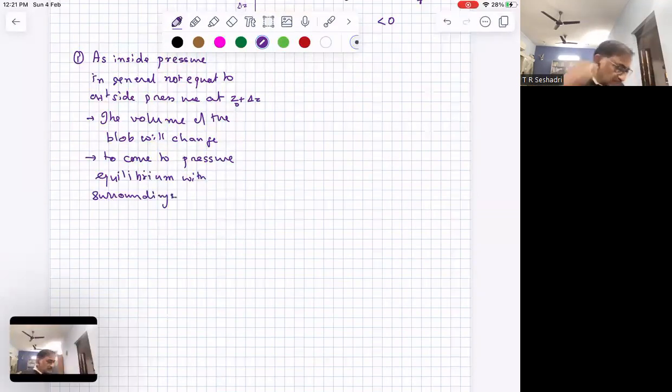You understand this, right? If the pressure is given, it expands. Like if you have a balloon and it goes up in the atmosphere, it expands because the outside pressure is less, so it expands to reach pressure equilibrium.